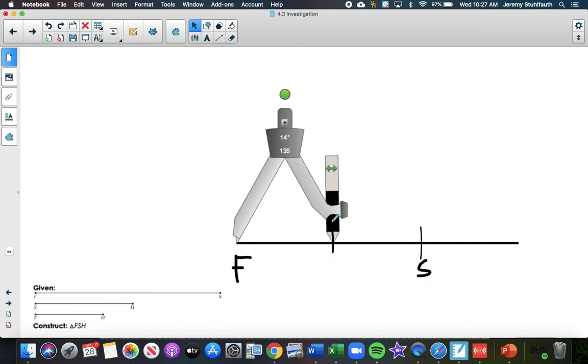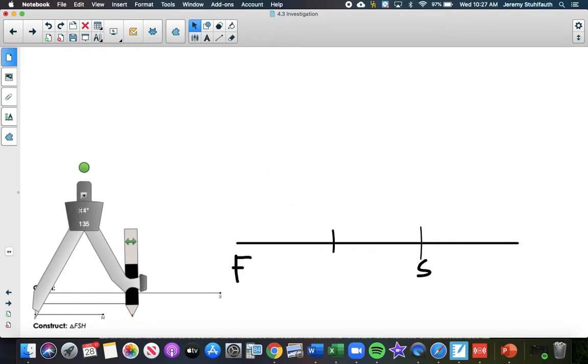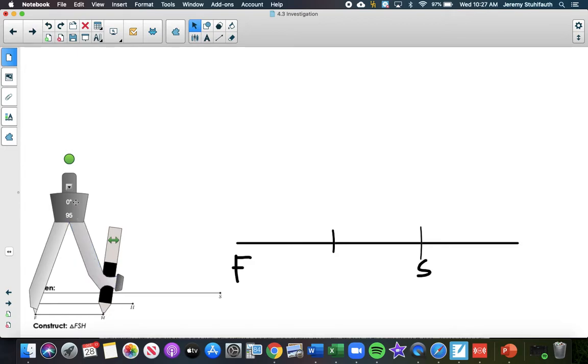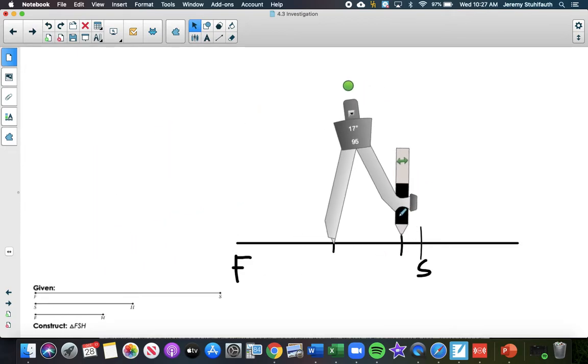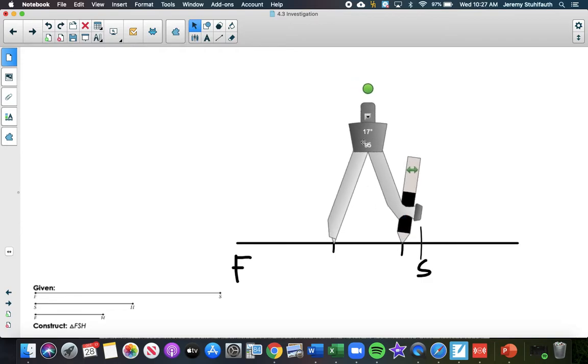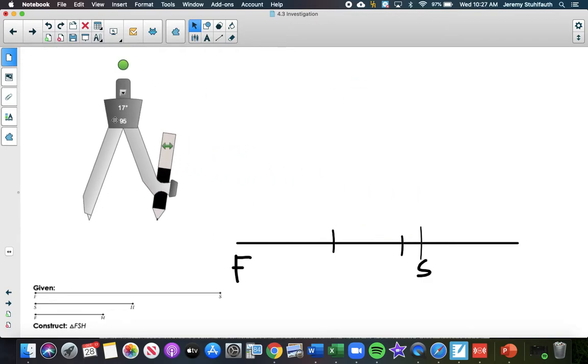Then we have FH, should be right here. Okay. So if we look at the two distances of those shorter sides, we notice that they are not as long as our longest side, FS.